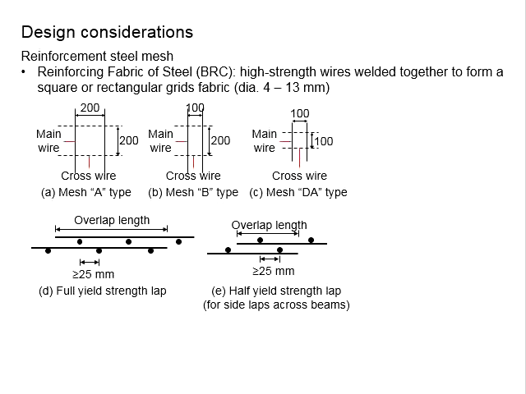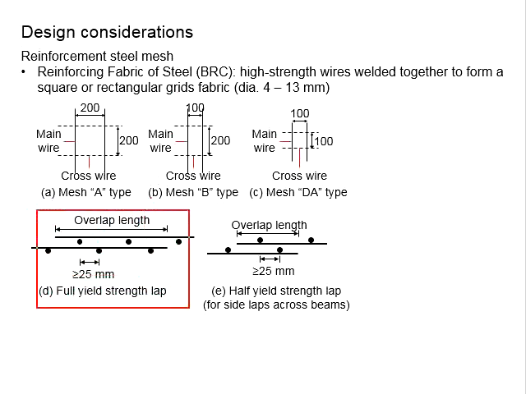But when it reaches near the support, the continuous slab will need to be reinforced at the top of the slab. As for the bottom BRC, you may use this half yield strength lapping to ensure the continuity of the slab crossing the beam.